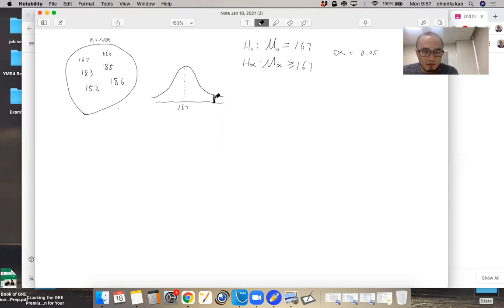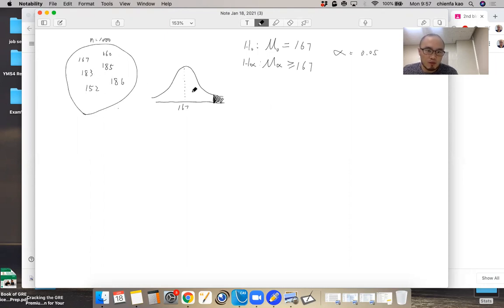So that means that if we set an alpha at 5%, we will reject the null hypothesis, and then there is significant data to suggest the alternative. So what does that mean? Okay, so now remember we randomly select, right? Randomly.